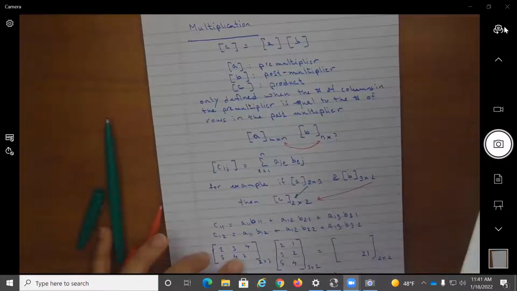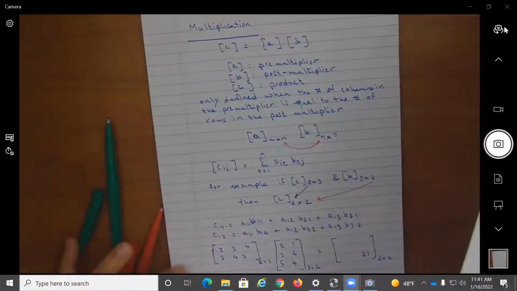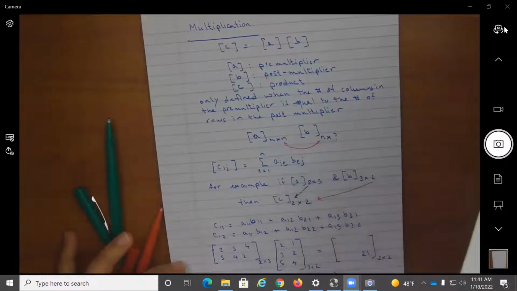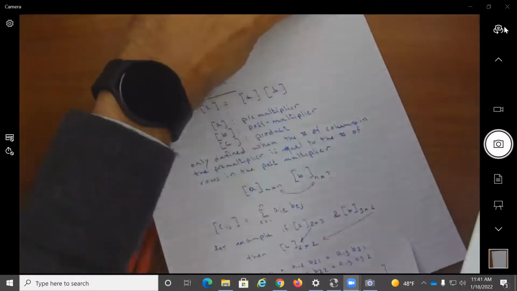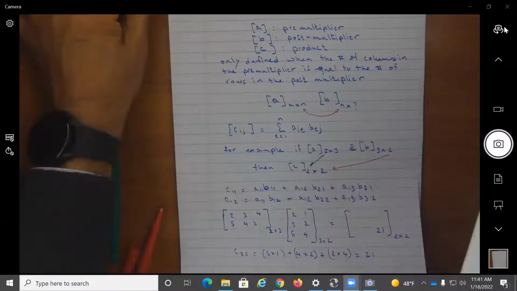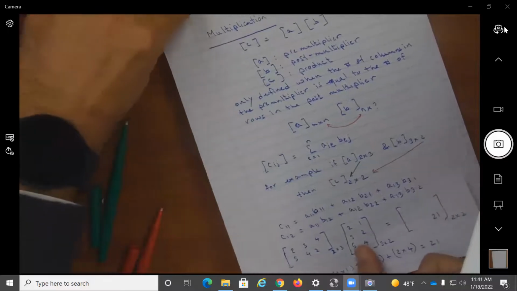Does anyone want me to do more? And again, please remember that unless these two are the same, we cannot do a multiplication. Right? You all got it?